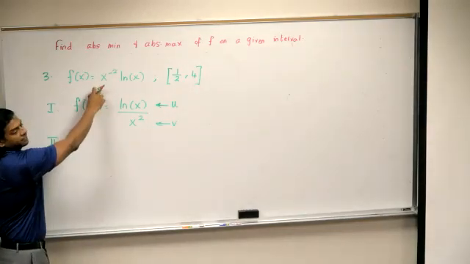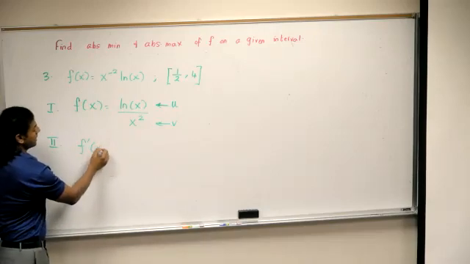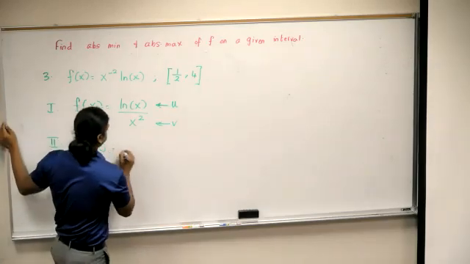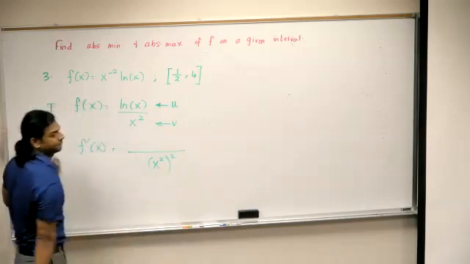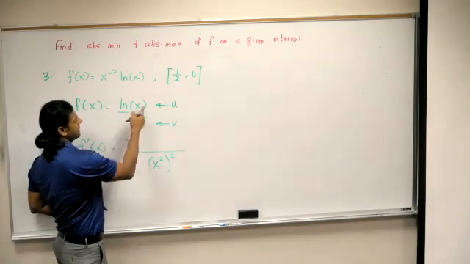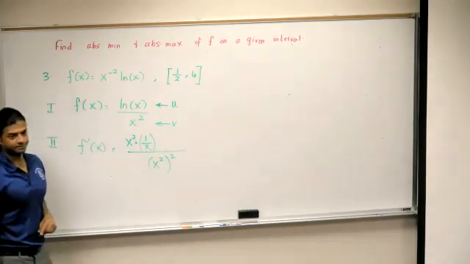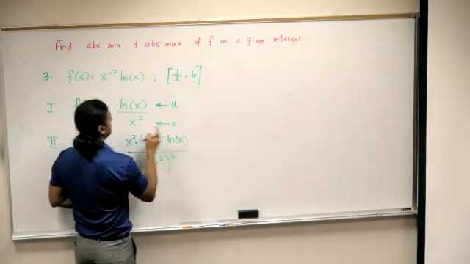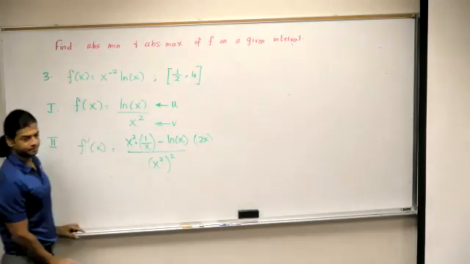I just moved x raised to -2 from the numerator to the denominator. Regardless of what you do, you will get the same critical value. v squared, x squared squared, v, x squared times the derivative of ln of x, 1 over x, minus ln of x times the derivative of x squared, 2x.